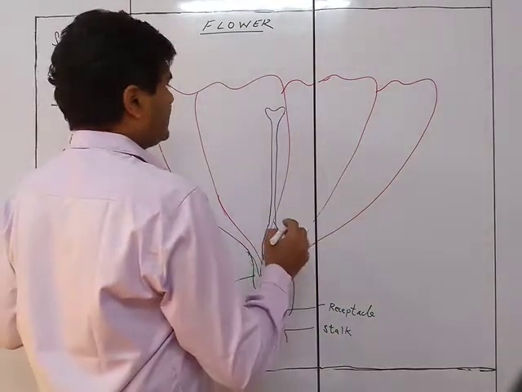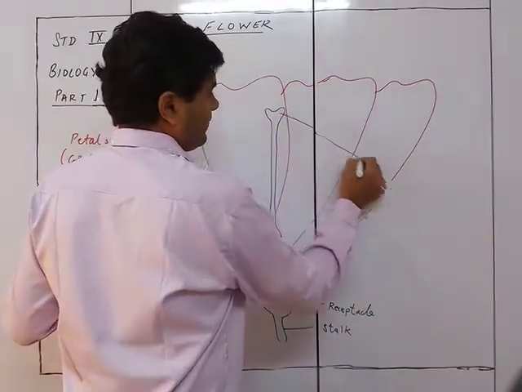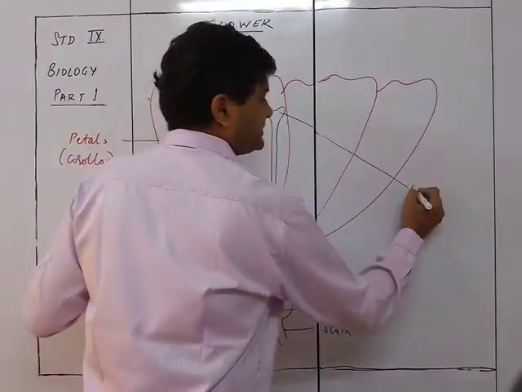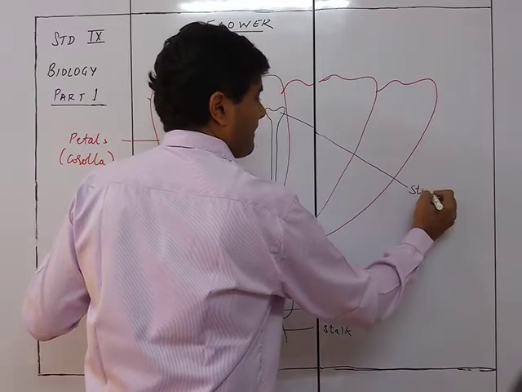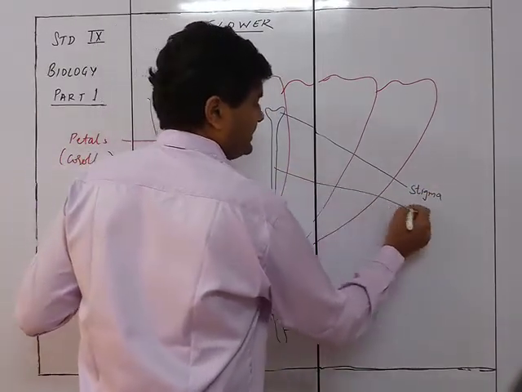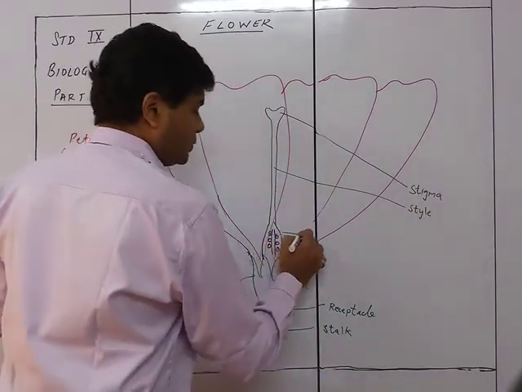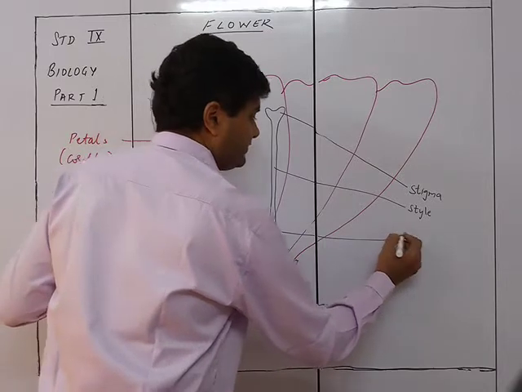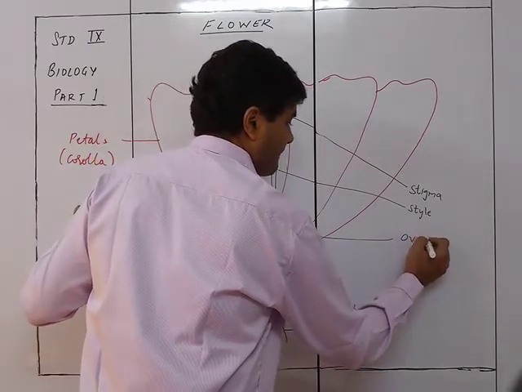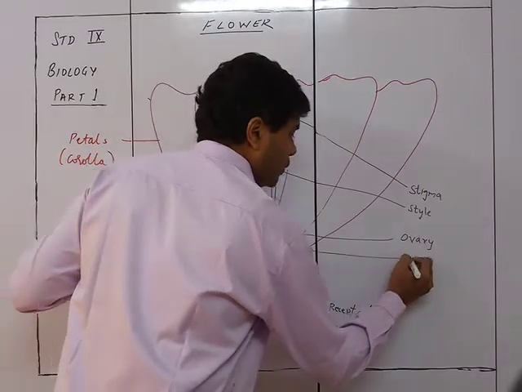The female part consists of the stigma, this over here is the style, this over here is the ovary, and inside are the ovules.